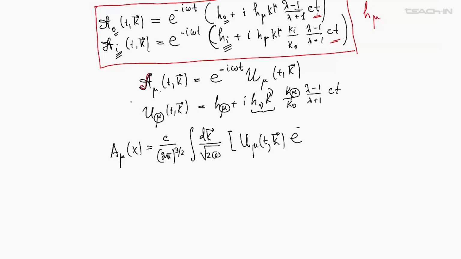So now I take into account the dependence on time. So kx is a scalar product of 4-vectors.